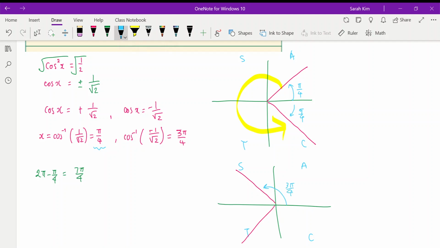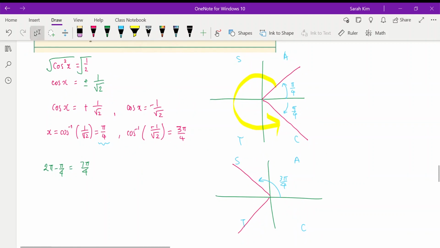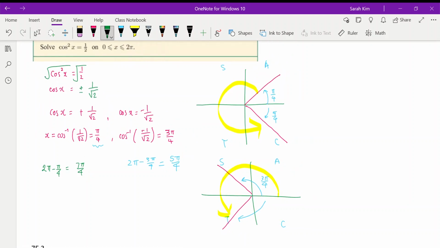So if I want to figure out this angle, the easiest way to probably do it is to go 2pi take away 3pi/4, which gives me 5pi/4.